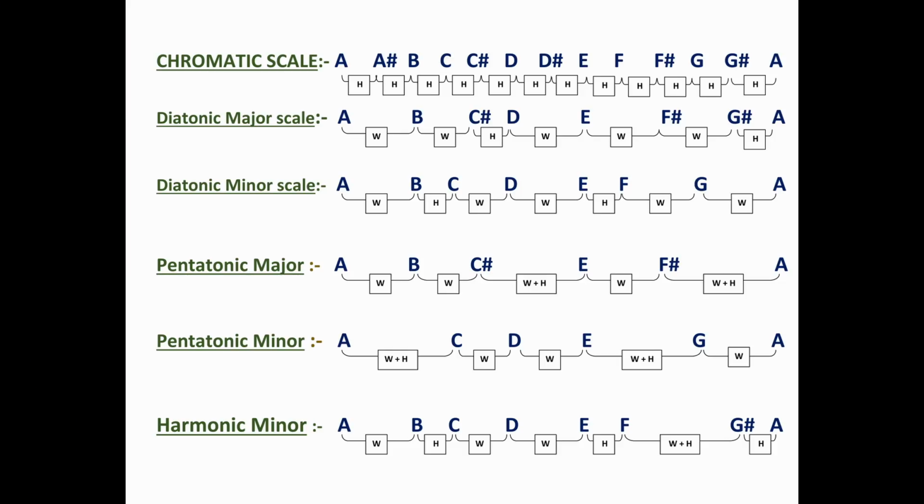If we take 5 notes from these 12 notes in a specific order, then we will make our pentatonic scale. Likewise, all these scales in music are derived from the chromatic scale, and if we put these notes in a specific order, we will get a specific scale.